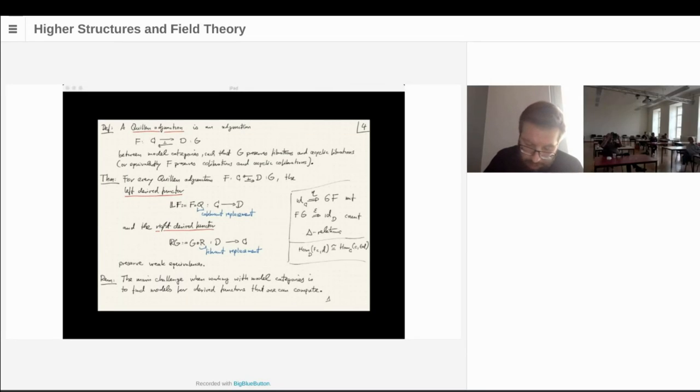This Hom set version tells you that mapping out of the left adjoint applied to an object is the same as mapping into the right adjoint on an object. So these are two equivalent ways of saying what an adjunction is.